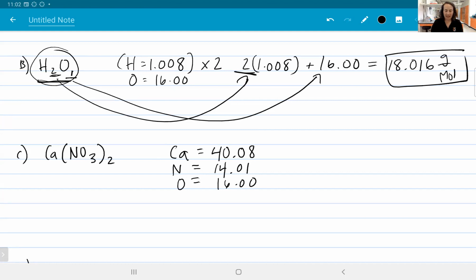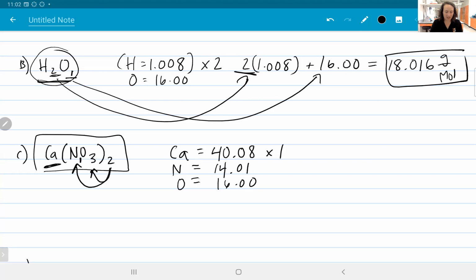Now to calculate the formula weight for this compound, this is again where we have to consider how many of each atom are found in one molecule of the compound. For calcium nitrate, I only have 1 calcium atom. How many nitrogen atoms do I have? You might say 1, but you would be incorrect, because this subscript here means you have to multiply that 2 out by each of the other subscripts.